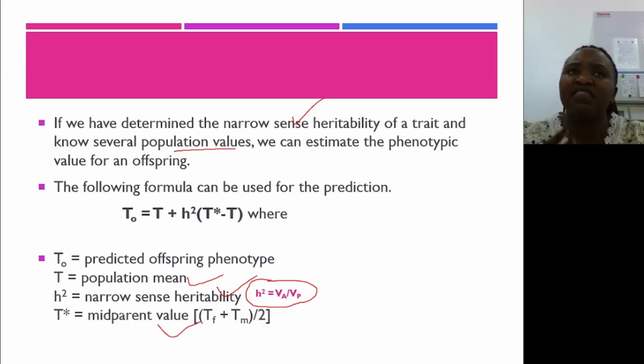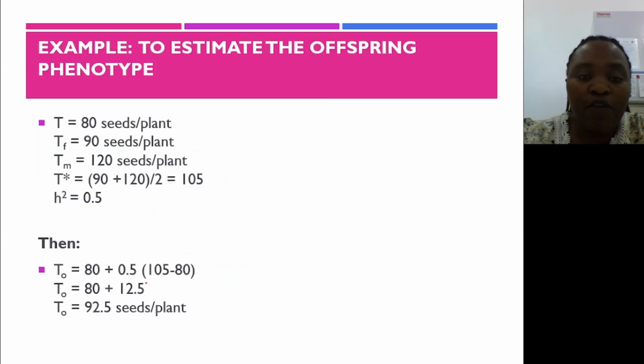This is important in research in biotechnology because you are able to predict that if I mate this parent and this parent, my offspring will have these phenotypic characteristics, and you can check whether they are desirable to you or not, depending on your end goal. So this is a very important formula. Once we use it, we are able to get the prediction of the phenotype of the offspring.